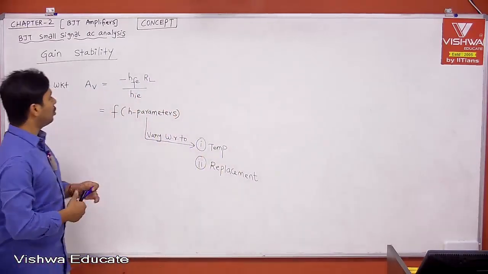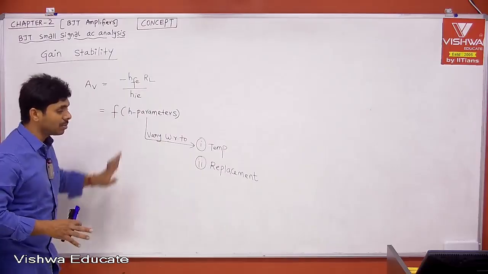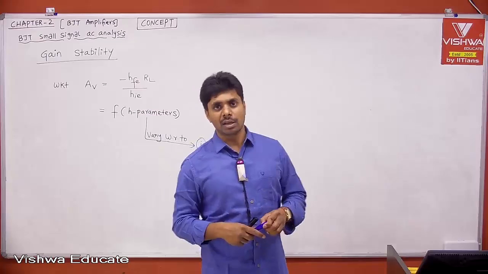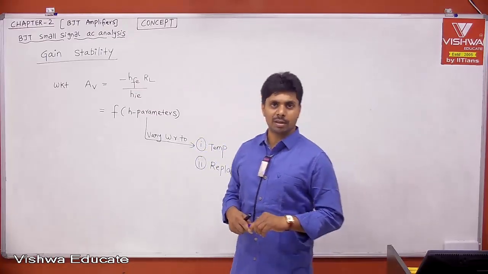Now, because we know that no two transistors will have the same H parameters. No two transistors will have the same H parameters. It is something like Pauli's exclusion principle.